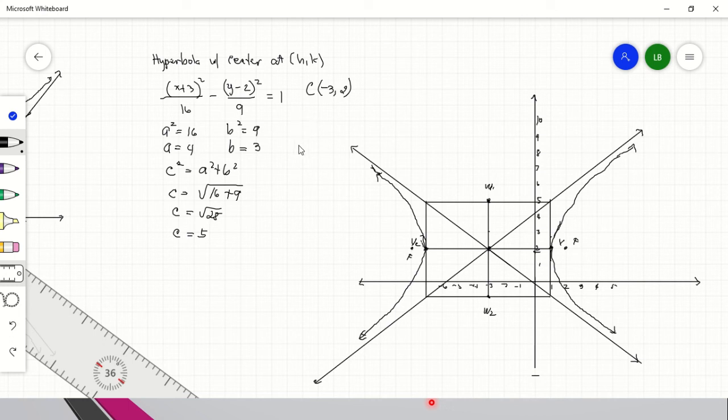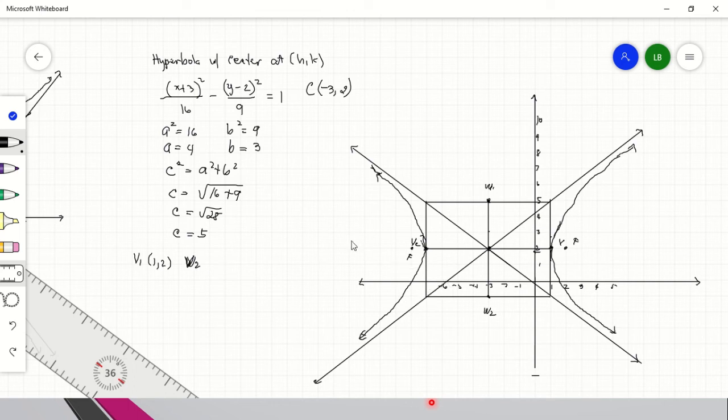So, the center is (negative 3, 2). So, tingnan natin si vertex. Ito siya. So, 1, 2. Vertex 2. Ito. So, ito 6.